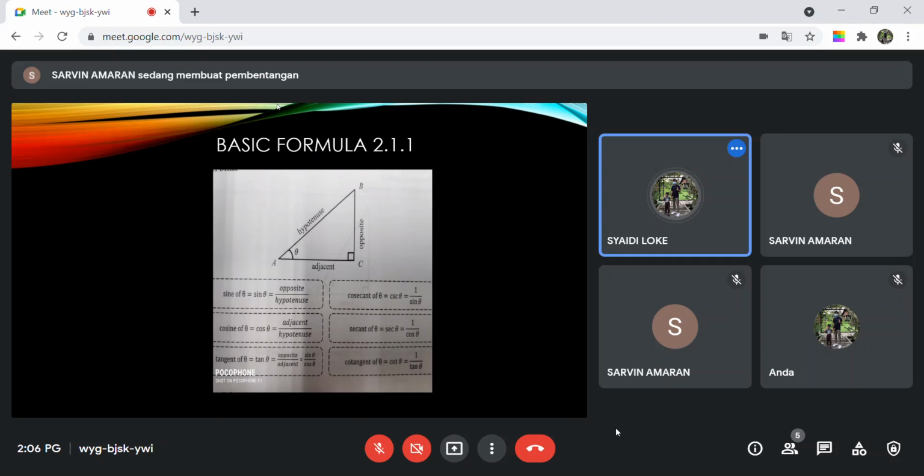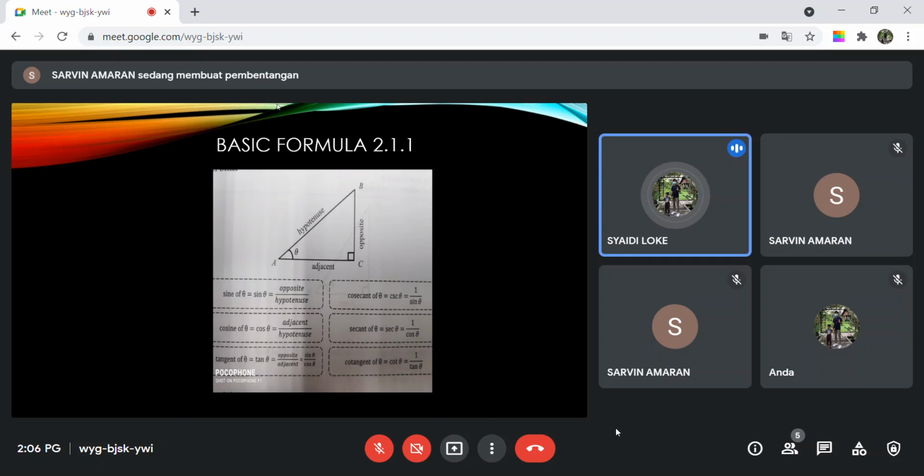So next, this is the basic formula that we need in order to find the value of sin, cos, and tangent.